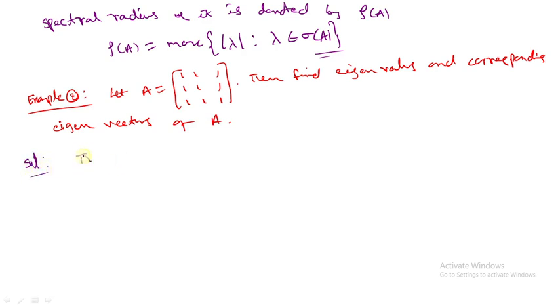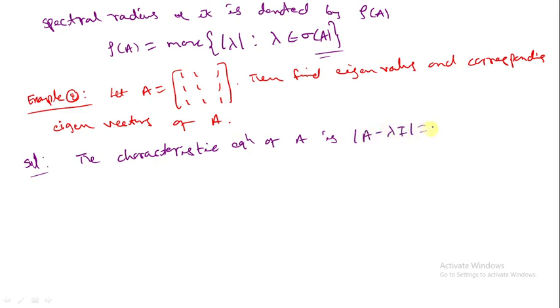The characteristic equation of A is determinant of A minus lambda I equal to 0.